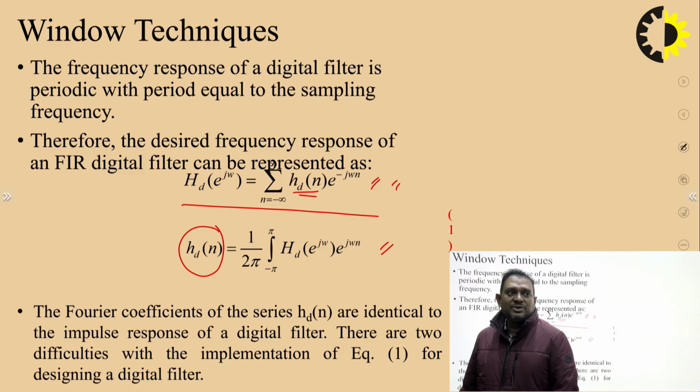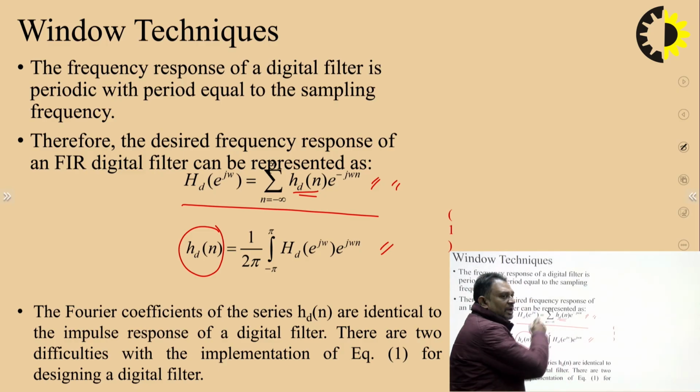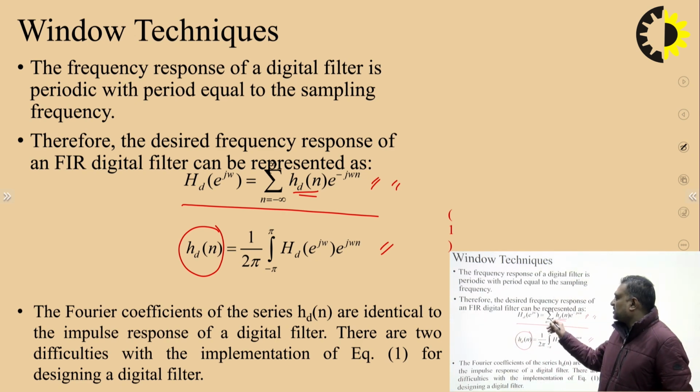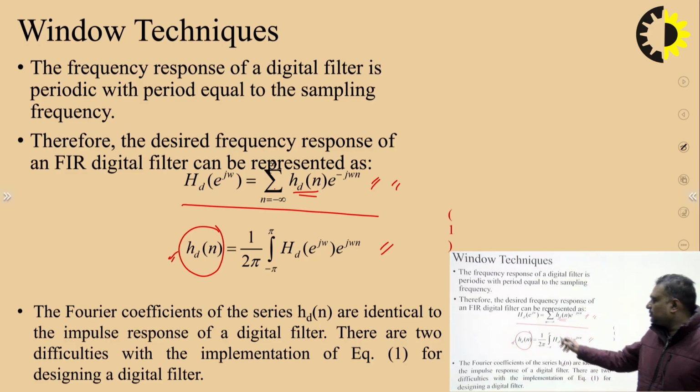So, since the spectrum is continuous, we have put an integral here. Here is the summation, because our impulse response is discrete, that's why we have put the summation. And hd(ω) is continuous, so we have used the sign of integration.